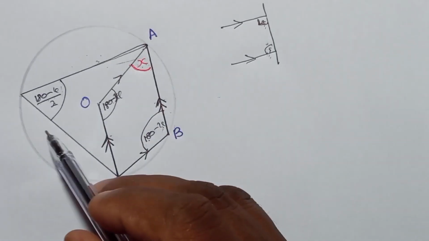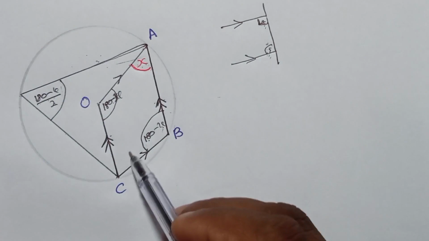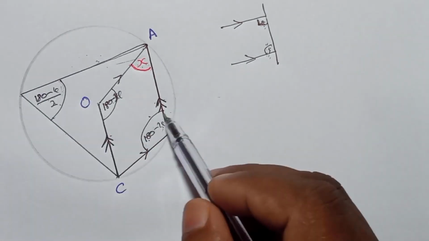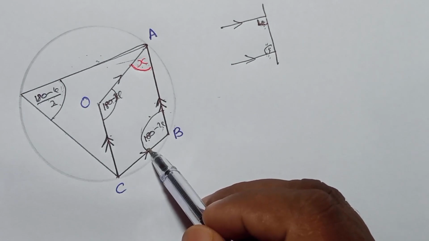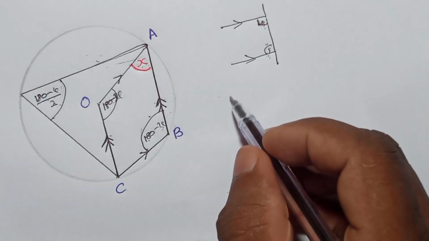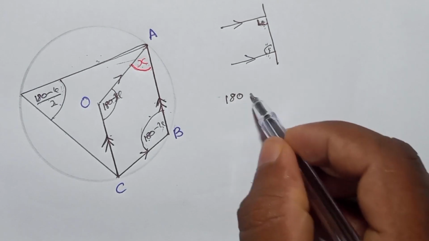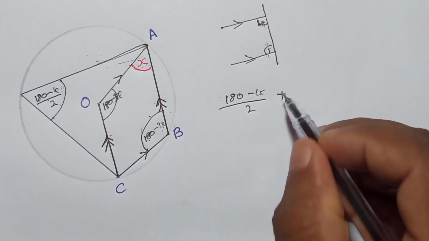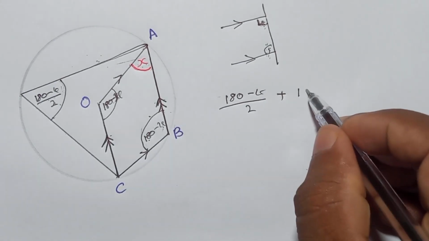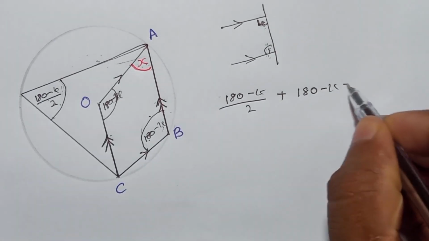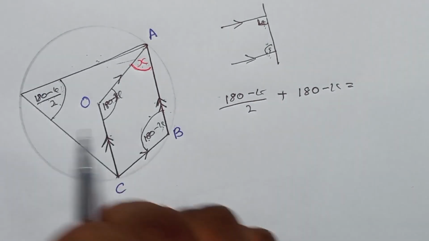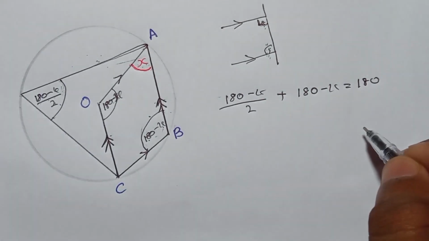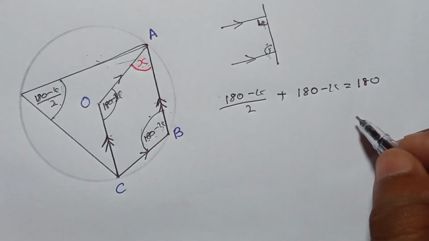In a cyclic quadrilateral, opposite angles are supplementary. That means this angle plus this angle should again equal 180. So I will write 180 minus x over 2. That means this angle plus this angle, we got 180 minus x. Then when you add both angles, it should be equal to 180 again, right? Try to understand. It's not a big deal, right?